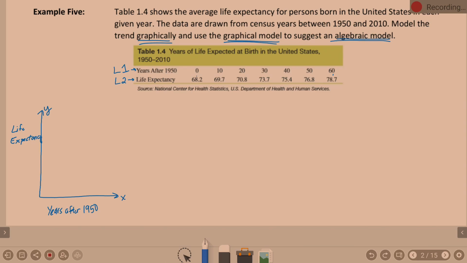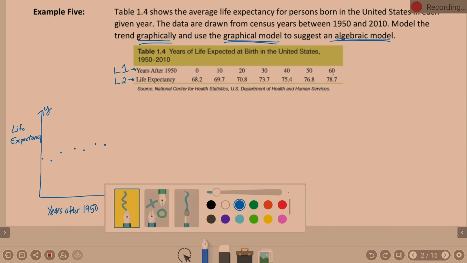Seven total dots, I think. No, they don't go exactly through anything, but they trend towards a line. And that's what I need us to look at. So a linear relationship is what I would go with.